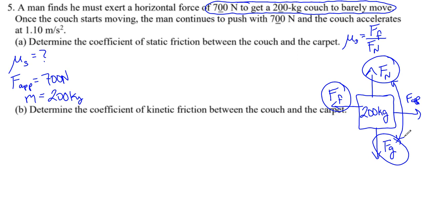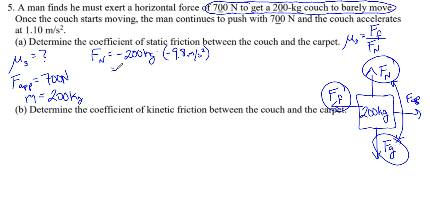So our normal force is equal to the negative mass, negative 200 kilograms, times our acceleration due to gravity, negative 9.8 meters per second squared.